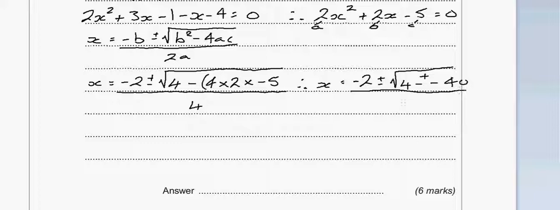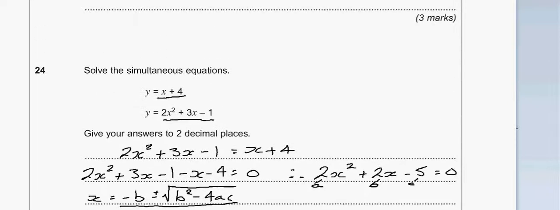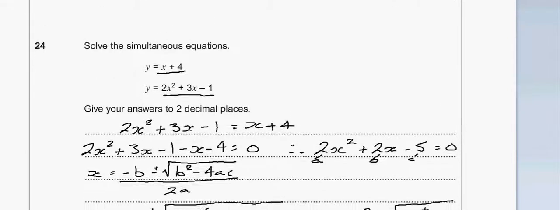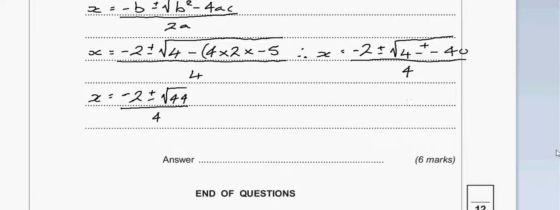And this is all over 4. So now we have x equals minus 2 plus or minus the root of, now 4 plus 40 is 44, all over 4. Okay, so I'm hoping you followed it this far. Now it does say give your answer to 2 decimal places.